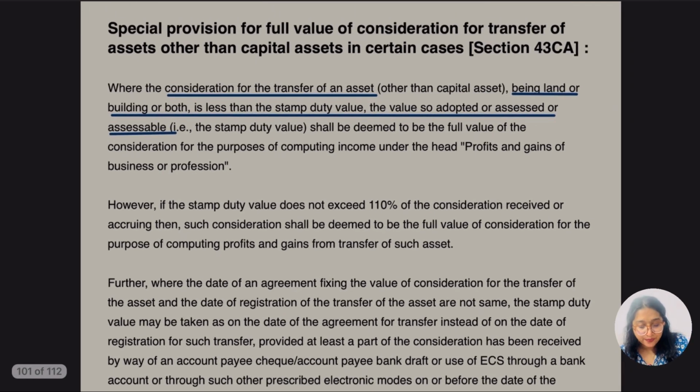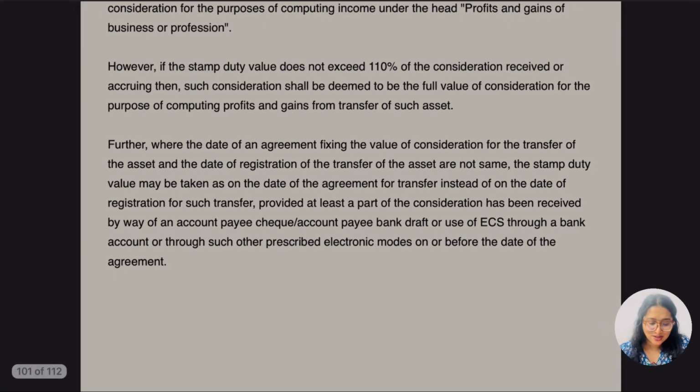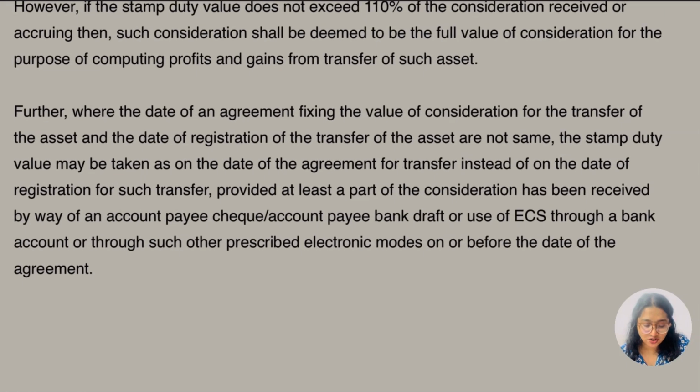So first, I know that for land and building or both, we are going to take the stamp duty value as the full value of consideration. But we take the stamp duty value only if it exceeds 110% of the actual consideration. What if it does not exceed 110% of the actual consideration? In that case, the actual consideration will be the full value of consideration, right? So this was all about this section.